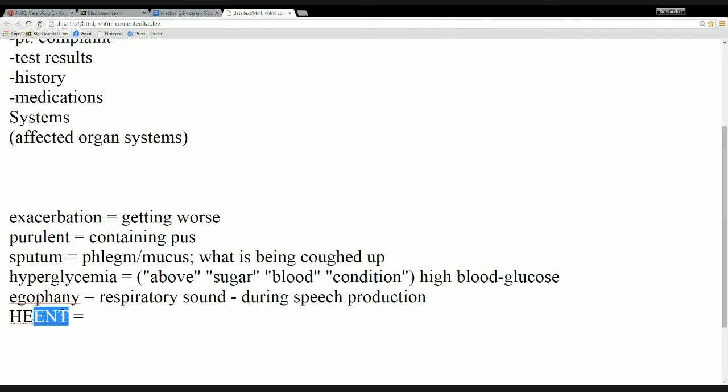Eye. So the other E is for eye. What's the H for? Head. Yeah, the whole head. Okay, so HEENT is just head, eyes, ear, nose, throat. Okay. What else?